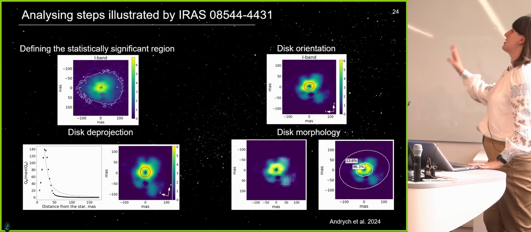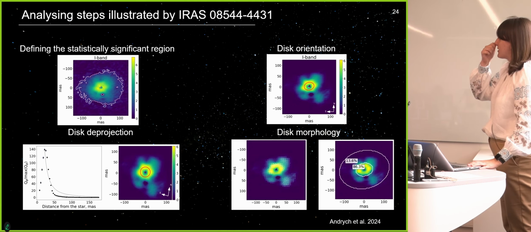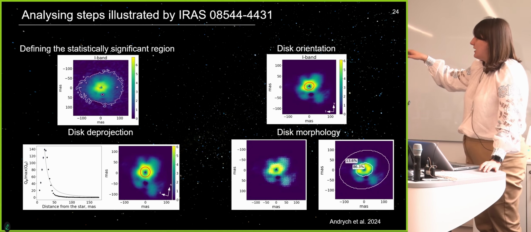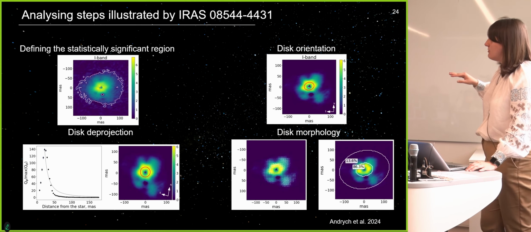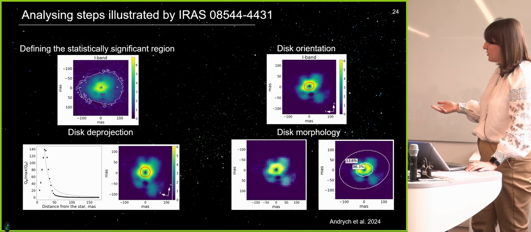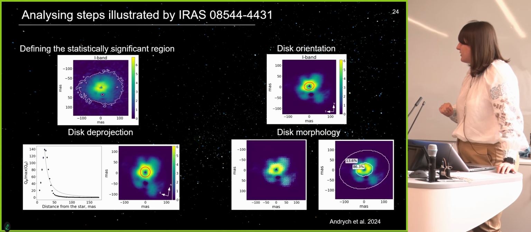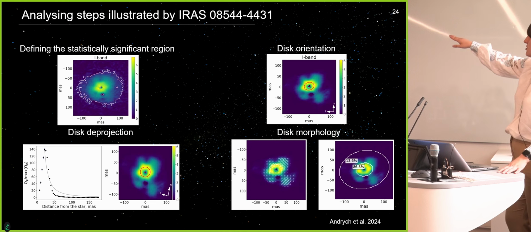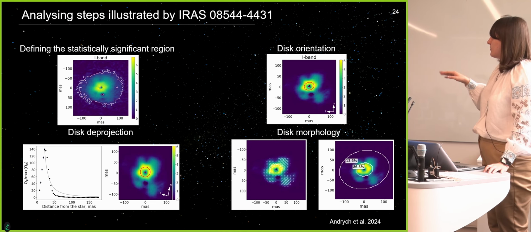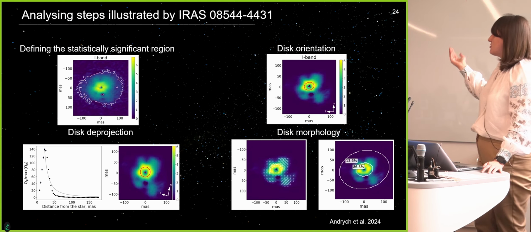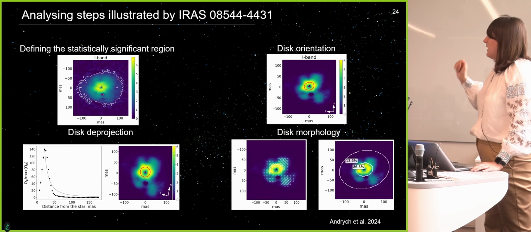Here is a little bit of illustration for different data reduction steps. On the top left is the defined statistically significant region that we do before the further deconvolution with the point spread function. Then for the smallest resolved disk part, we fit an ellipse to define the disk orientation.